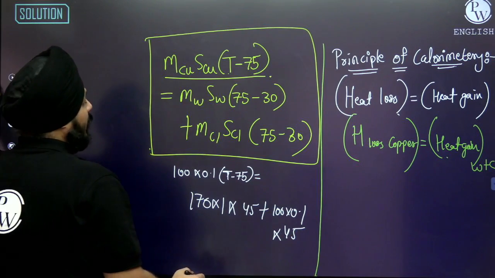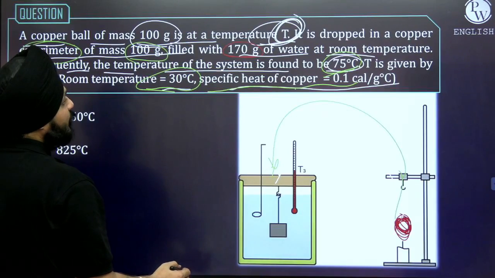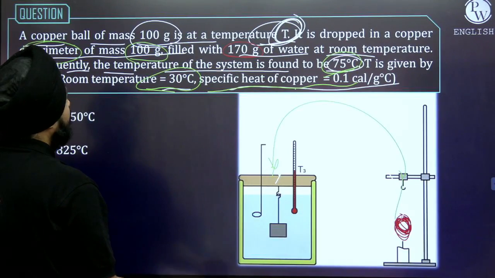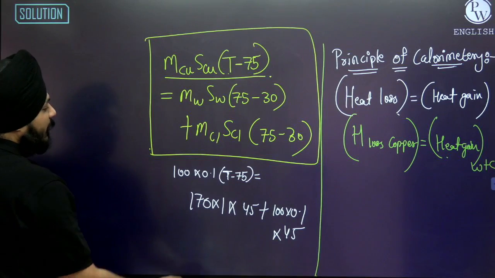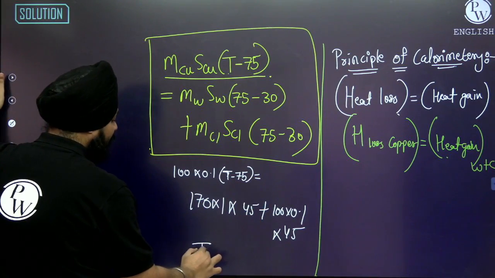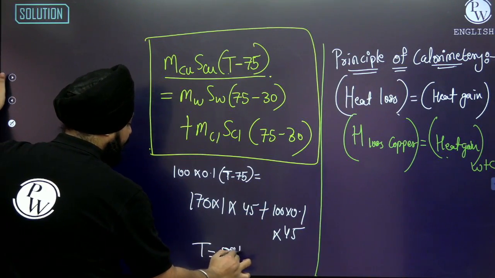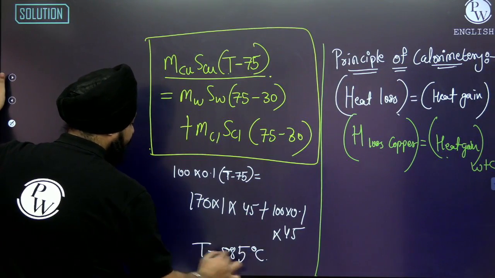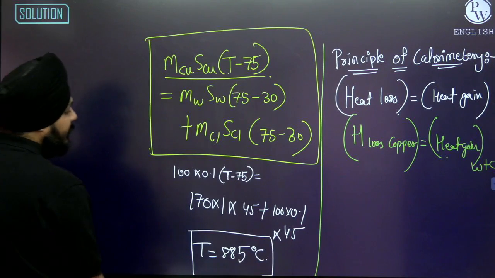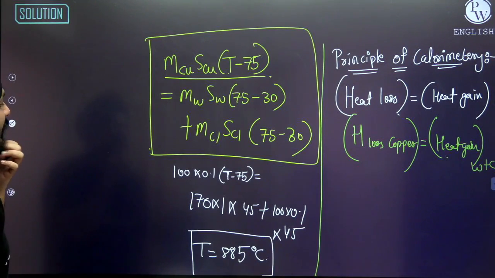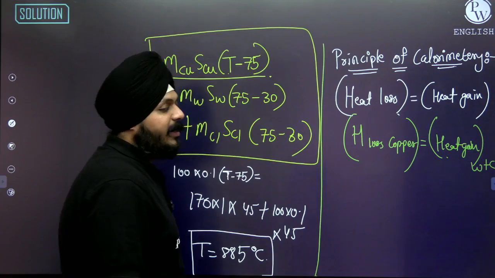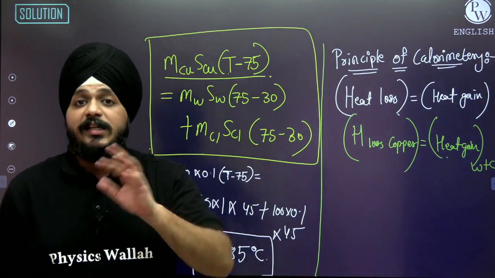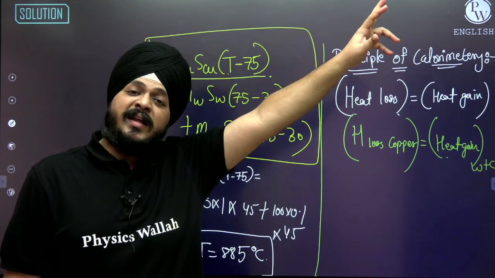By resolving this, first let's check the data as given. If you replace this into Kelvin, it's okay. Initially, the copper was at that much temperature, approximately 885.